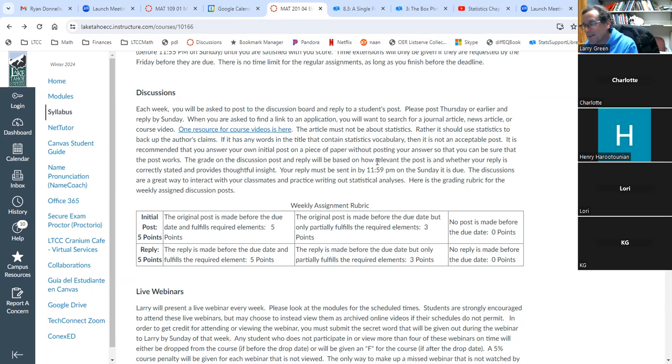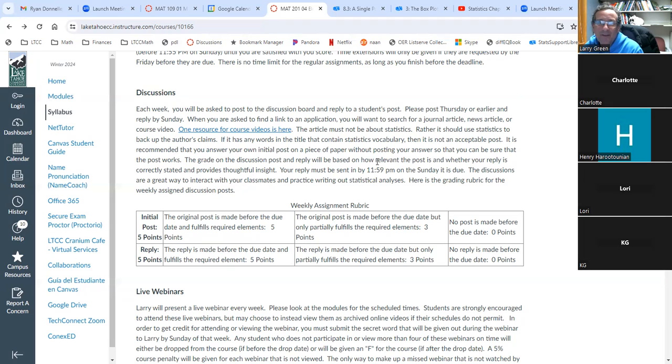And then they've done the statistics that we're learning, and they use that to talk about snow in Tahoe. And then you're going to post that article. Do you see that? One thing I recommend doing is, on a piece of pencil and paper, see if you can do what's asked for the reply to the post to make sure that it's doable.